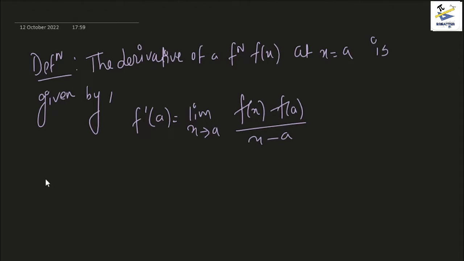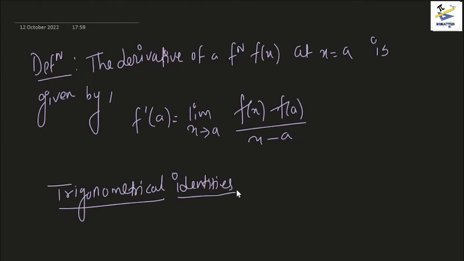So what are the derivatives that we are going to find? Trigonometrical identities are a great way to start off this list of chapters. So the derivatives which we are going to find are sin x and cos x.